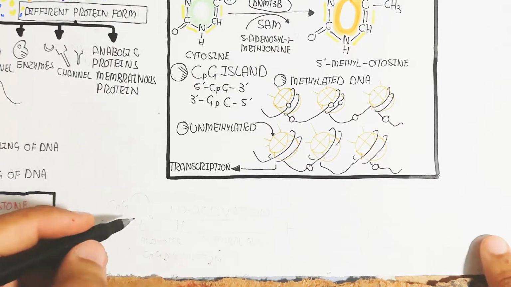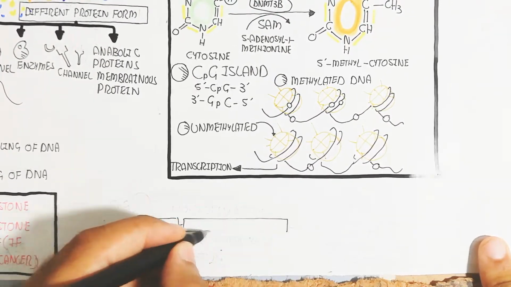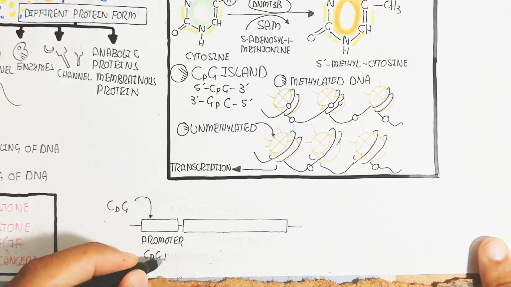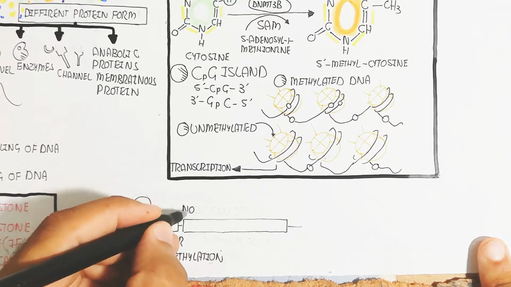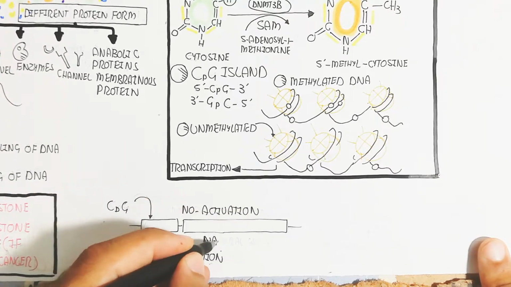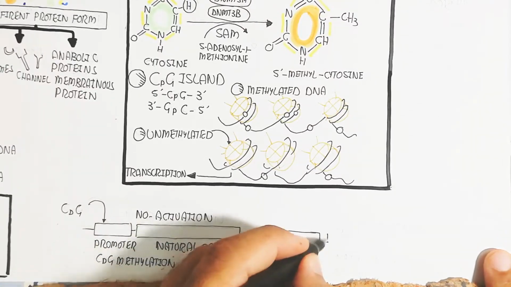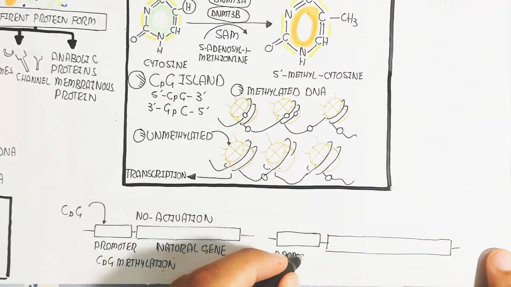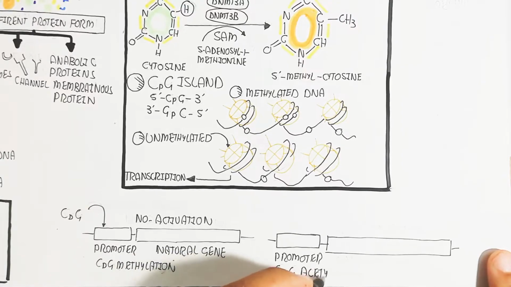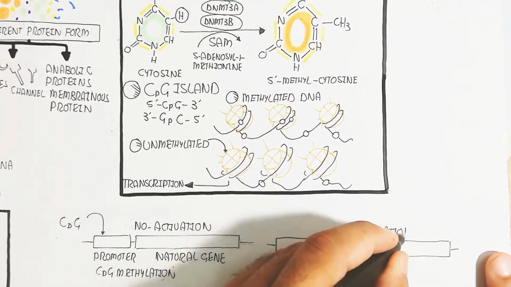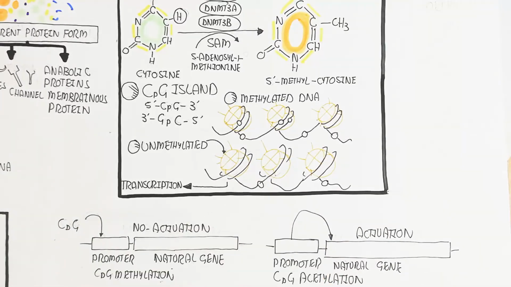CpG islands are present mostly in the promoter region of the DNA, and the promoter controls the regulation of gene transcription. So CpG methylation will inhibit the natural gene, while for an oncogene, for example, the promoter will enhance it.